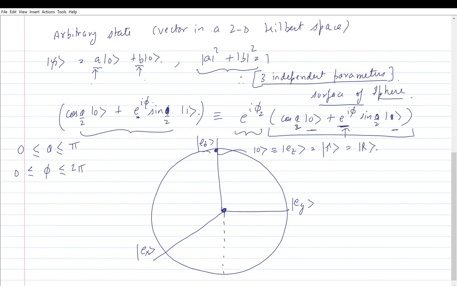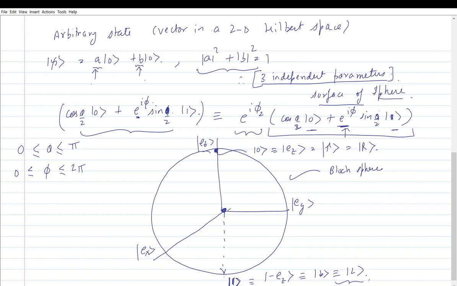The orthogonal state, mind you, is 1. 1 and 0 are the orthonormal basis, but on this Bloch sphere, as the sphere is called, orthogonal states are diametrically opposite points, and this is minus e_z, or in other words, it's the downspin, or it's going to be represented by the left circularly polarized light.